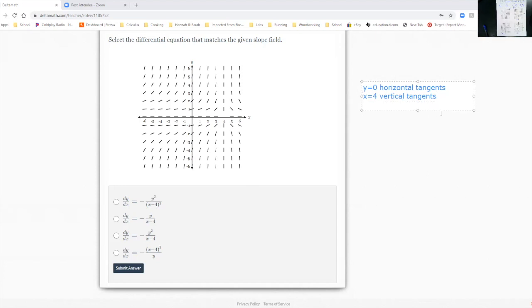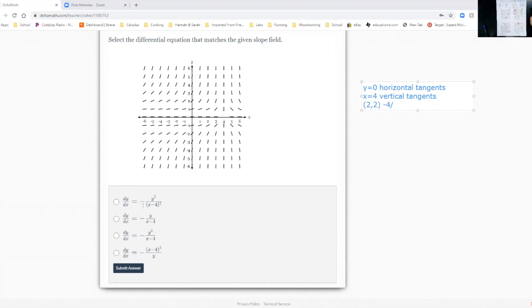If we put it into the top one, I should put 2, 2. I'm checking the point (2, 2).